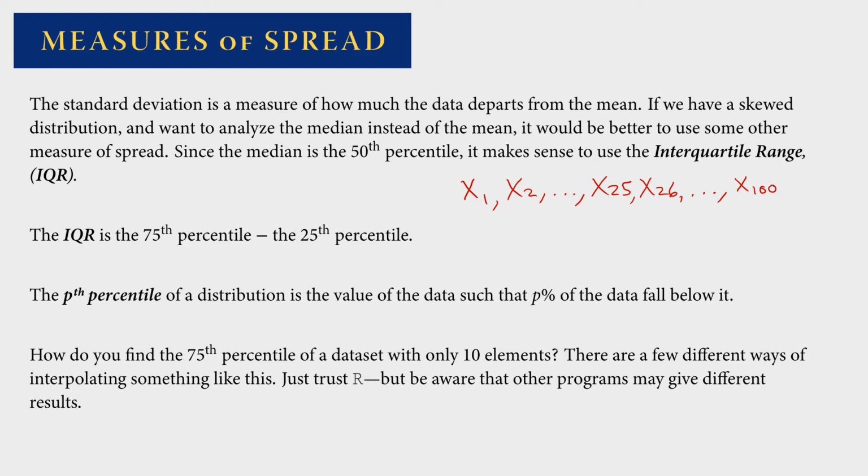And these are all in the order of their values. Then the 26th point would be the 25th percentile because 25% of the data is less than it. And the 100th point would be the 99th percentile.